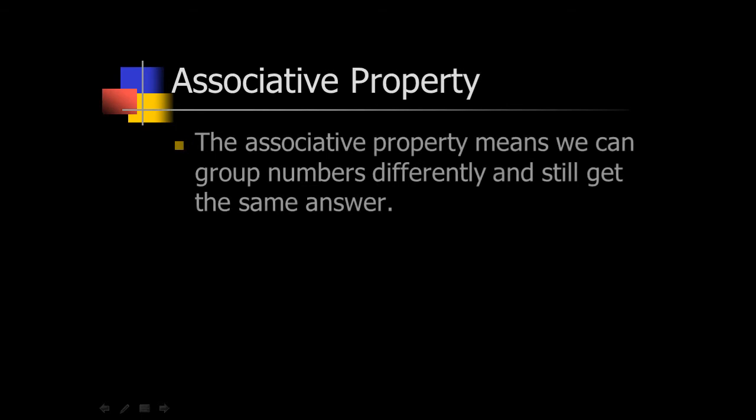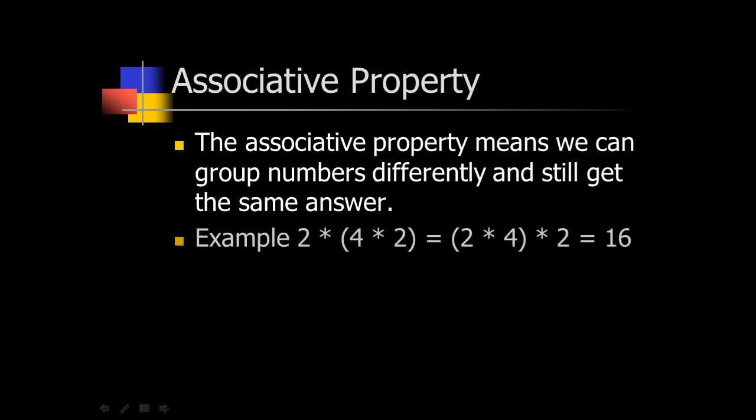The next property is called the associative property. I think about this one because your associates are people that you group yourselves with, that you hang out with, etc. It means that we can group the numbers differently and still get the same answer. Notice that when I put the example up here with multiplication, 2 times the quantity 4 times 2 is the same as the quantity 2 times 4, all of that times 2.